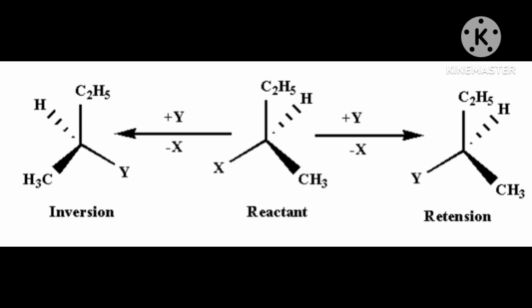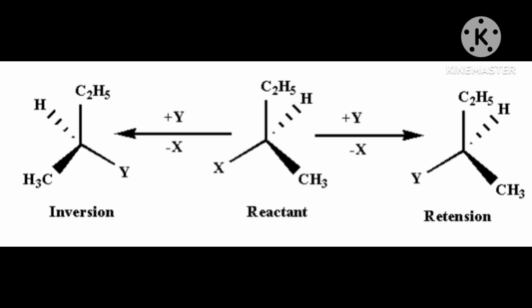Now suppose the reaction takes place with Y. Then X will be replaced with Y, and the structure will not change. All things will be the same. Only X went and Y came, but there is no change in the bonds. CH3 was above, now it is above the paper.